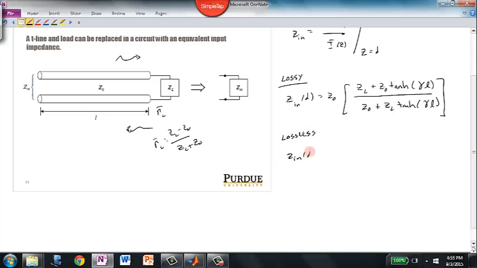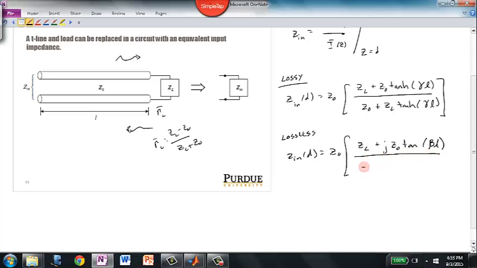This equation can be simplified for the lossless T-line case. Zin as a function of d is still equal to the characteristic impedance of the T-line times this big messy quantity, but we can reduce it a little bit: ZL plus j Z0 tan(beta L). Now we just have the tangent, and the argument of the tangent, instead of being the complex propagation constant, is now just the wave number.